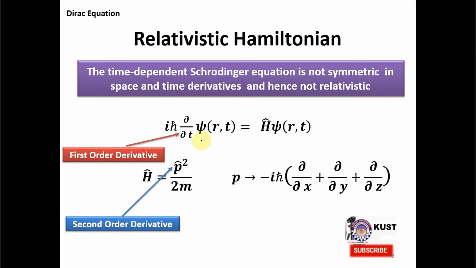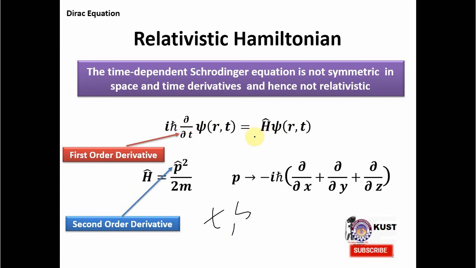So it means that the Schrodinger equation is not symmetric in time and space derivatives, and hence it is not relativistic, because the special theory of relativity demands that time and space must be treated on equal footing. Since in the Schrodinger equation time and space are not treated on the same footing, we see a single derivative with respect to time, but a double derivative, a second order derivative, with respect to space.